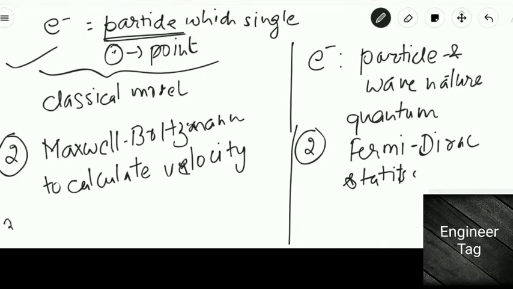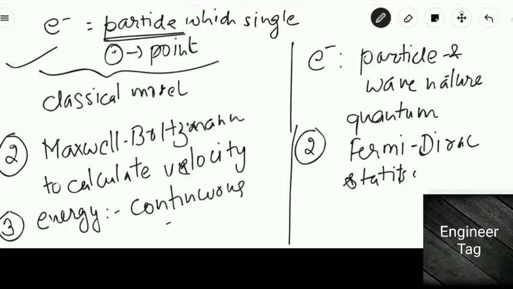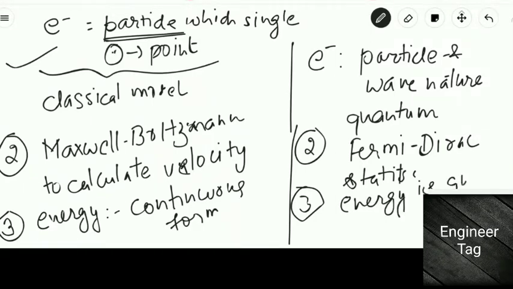Third one is that in classical, the energy is continuous. In the classical model, we take energy in the continuous form. But in case of quantum mechanics, we consider energy as quantized, that is in the form of packets.